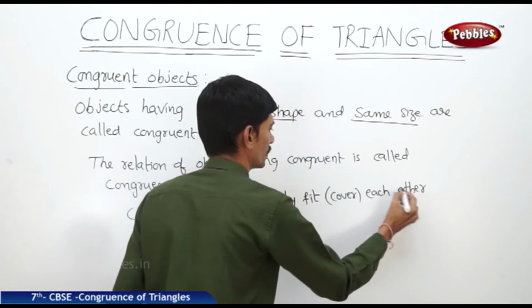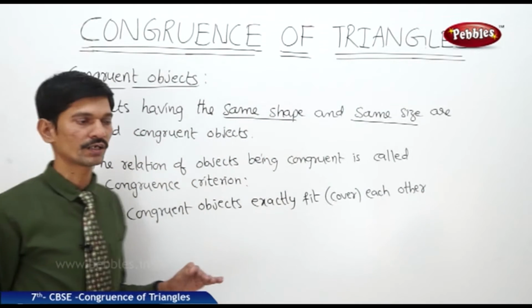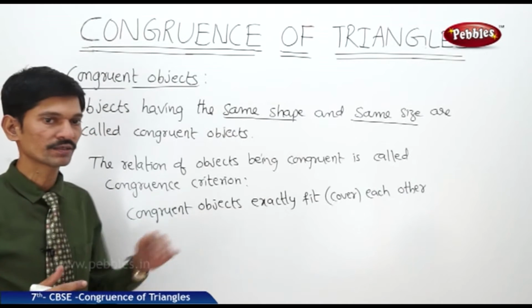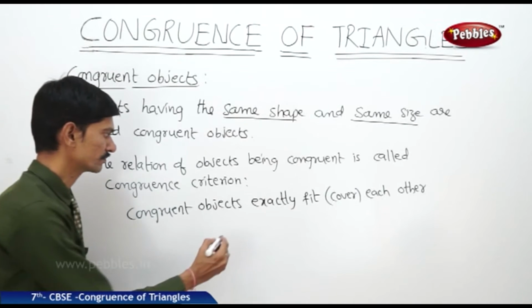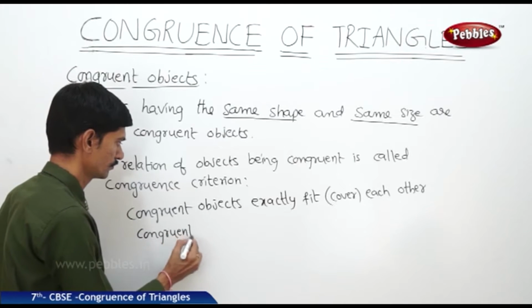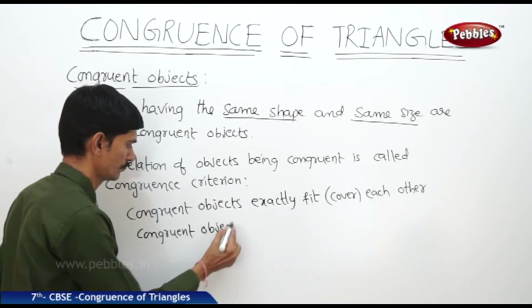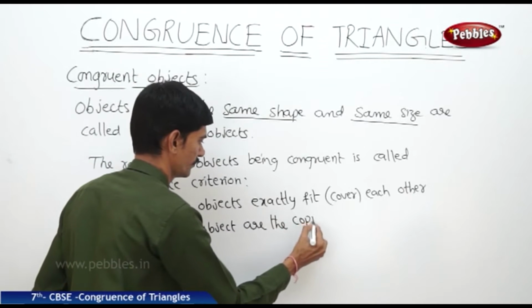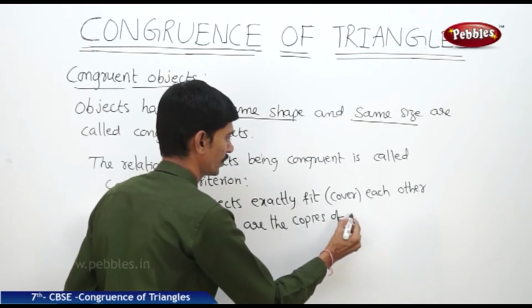Means they are the copies of one another, trace copies of one another. So the congruent objects are the copies of one another.